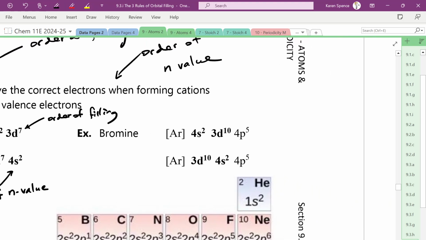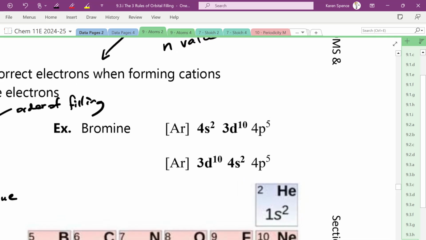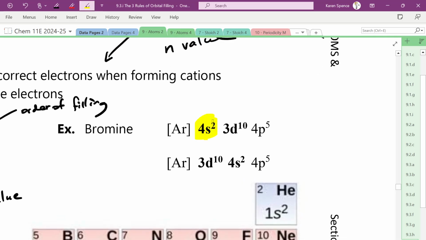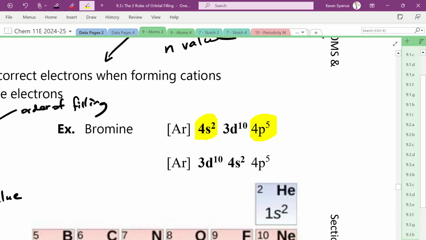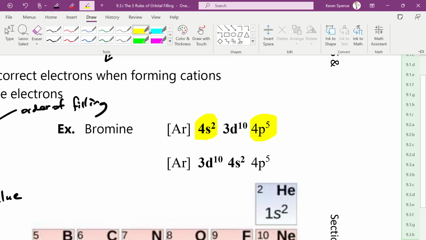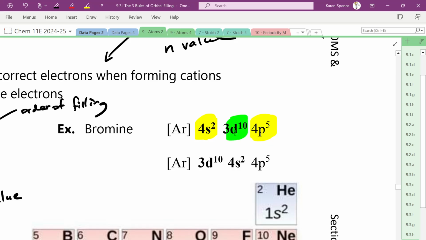Here's bromine. You'll notice we got some p's in there. I've got a 4s2 and a 4p5, and I've got a 3d10. In order of n value, the 3d10 comes first, and then the 4s and the 4p come next.